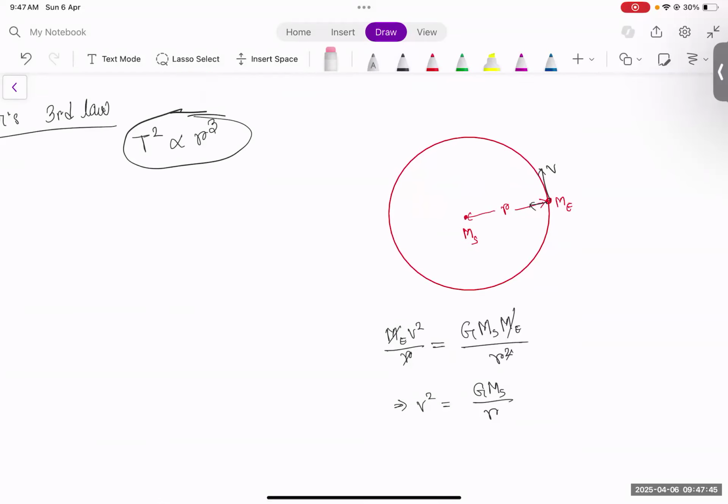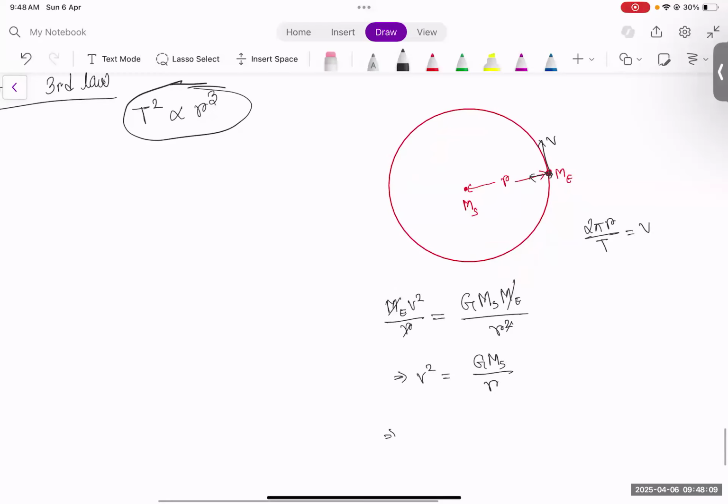Okay, it's not exactly done, but for v we can substitute another equation. If it moves at constant speed, then when it goes around and comes back here, the total distance covered is 2 pi r, and if the time period is T, then my velocity is 2 pi r divided by T. If we plug this in and square it, you get 4 pi squared r squared divided by T squared is G Ms divided by r.